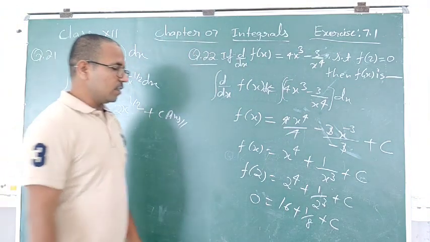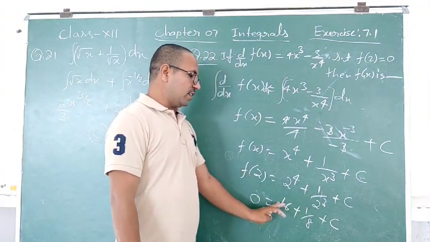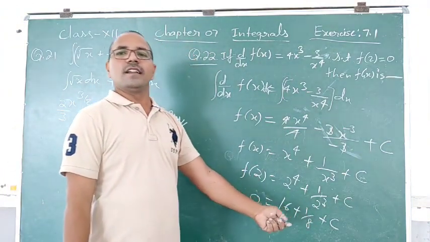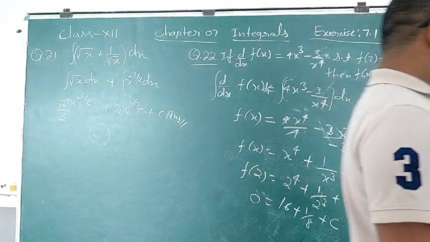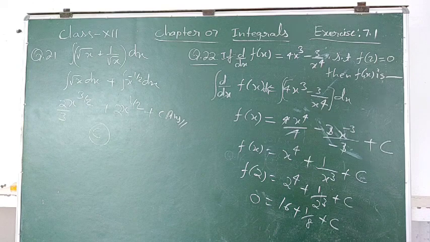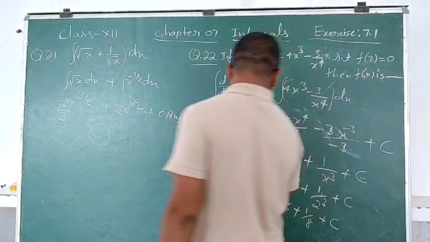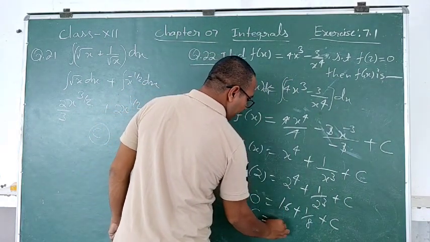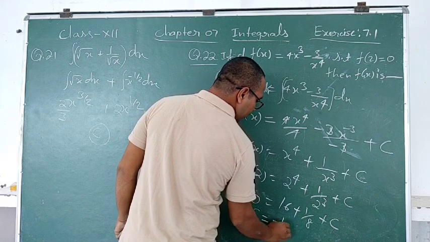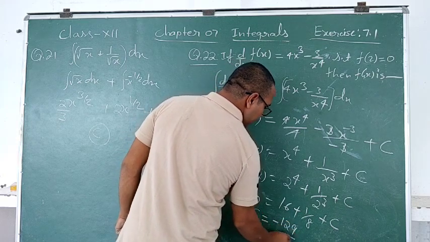So now students, c is equal to how much? Minus 16 minus 1 by 8 you will get here. So now students, just take the LCM. After taking the LCM, how much will you get here? c is equal to, just take the LCM. c is equal to how much? Minus 129 by 8.